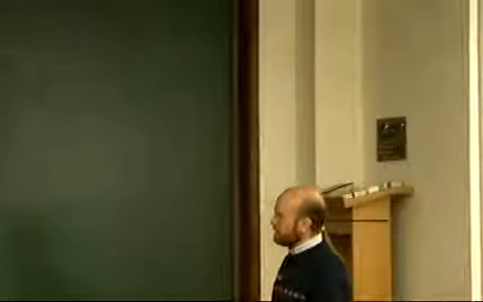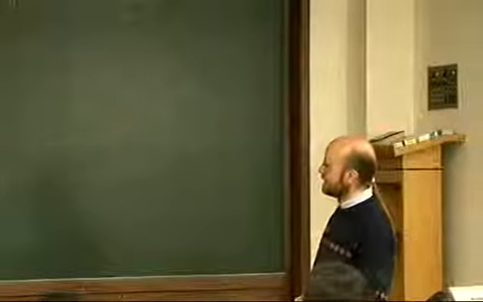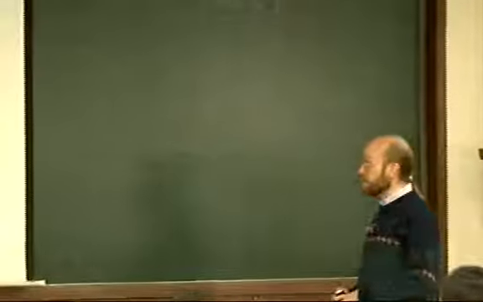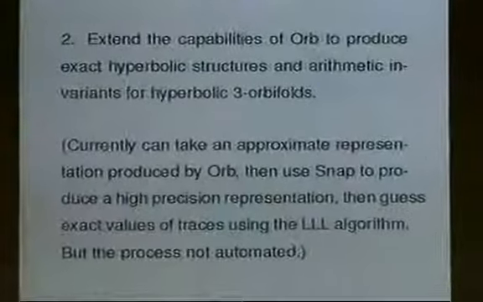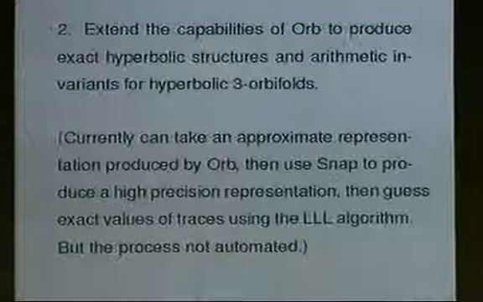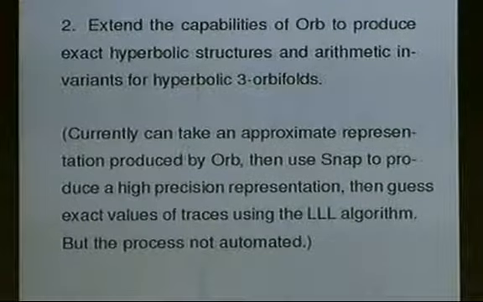You try and guess the minimal polynomials by using the LLL algorithm, as SNAP does. Once you've got traces, you can compute the invariant trace field and the invariant quaternion algebra. So you can do this at the moment, but it's not automated, and there are probably better ways of doing this. So I think that's another interesting problem.